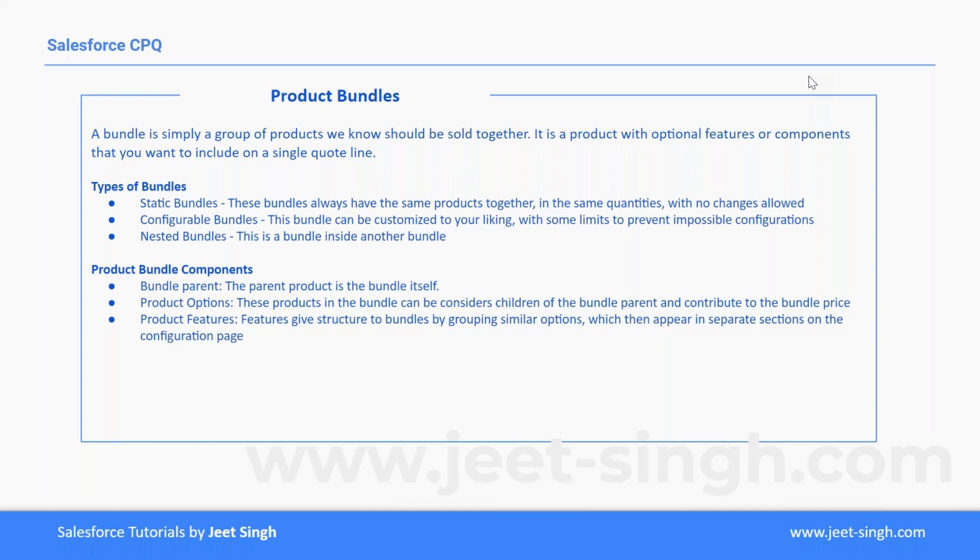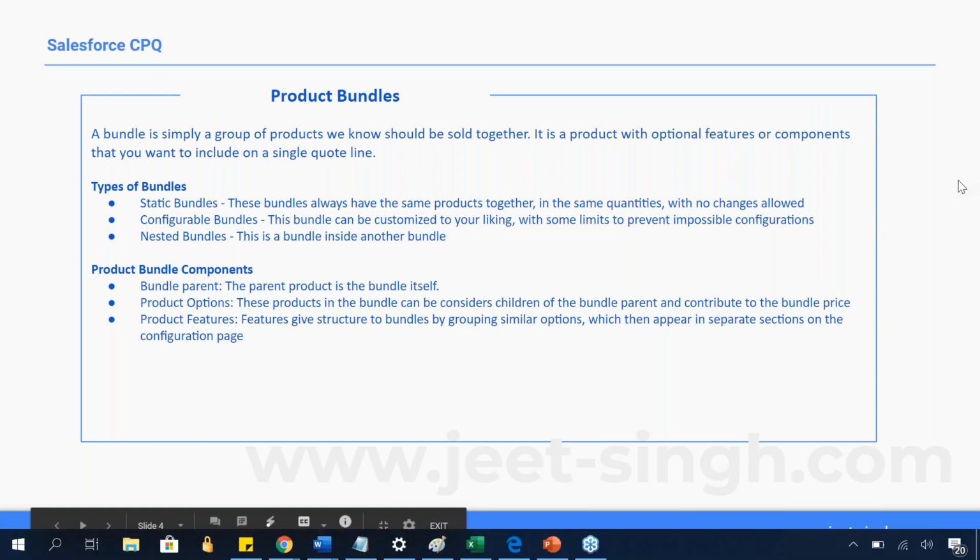Now, if we understand this, we are good to go ahead and get started with creating a product bundle. Okay, so let's take a simple example, and I'm actually gonna take an example which most of us can relate to. Different companies sell different products, and they can have different ways of configuration and different features in those products.